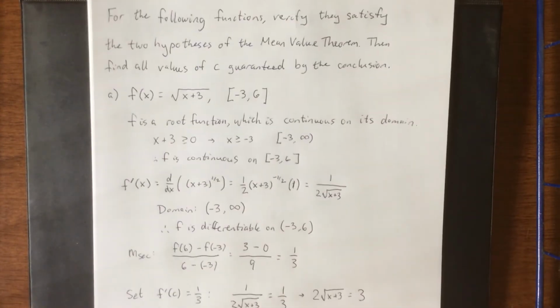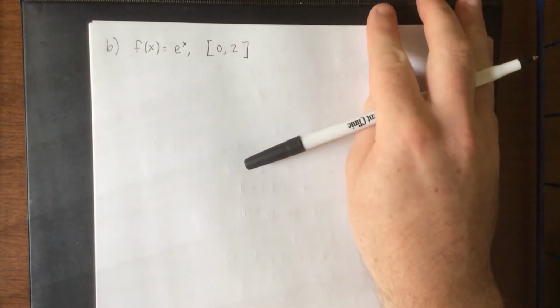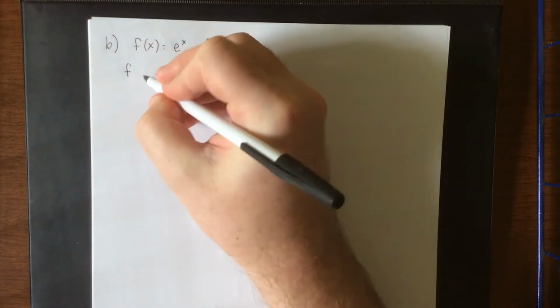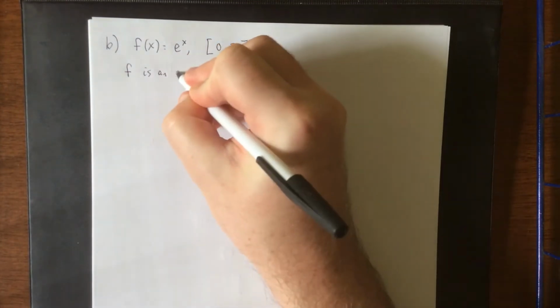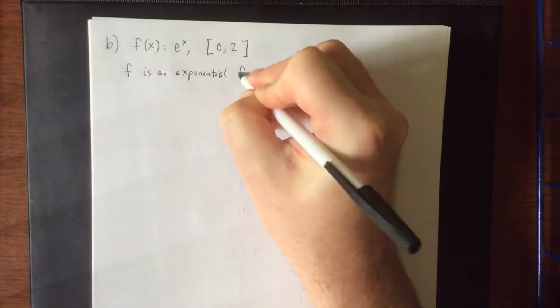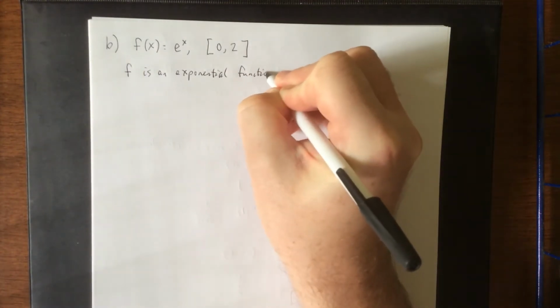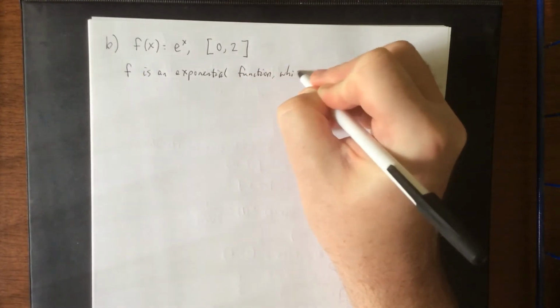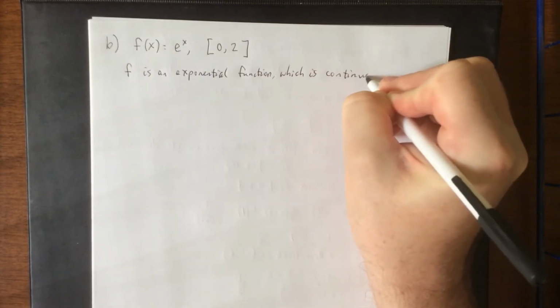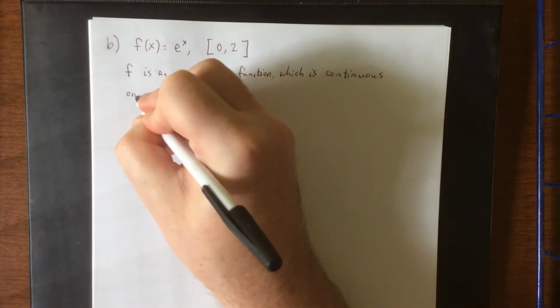Speaking of the next one, let's try this out again. This time I'd like to use the function f of x is equal to e to the x, and I'd like to use the closed interval from 0 to 2. So the kind of function that we're dealing with, f is an exponential function, which is continuous on its domain.